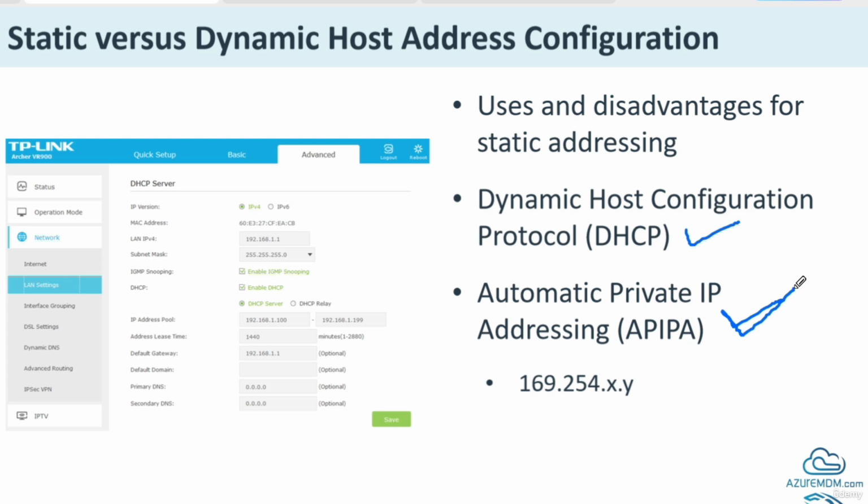When DHCP fails, devices self-assign IPs in the 169.254.x.y range, allowing local communication but no internet. Here, 169.254.x.y means your device couldn't get a proper address from DHCP, the Dynamic Host Configuration Protocol.